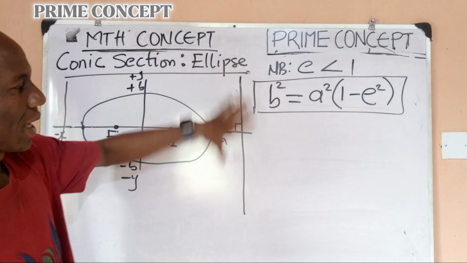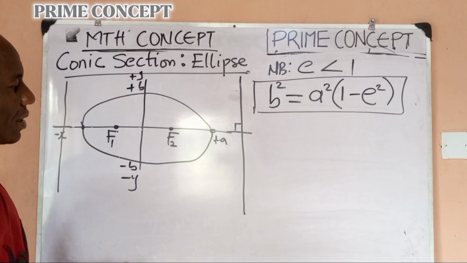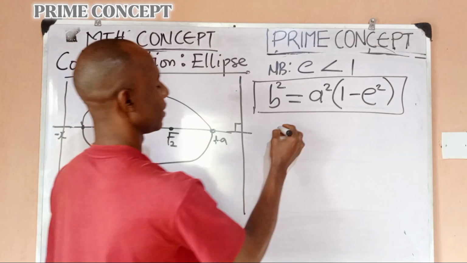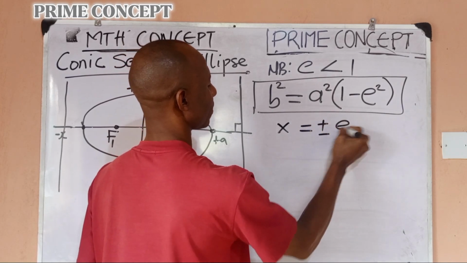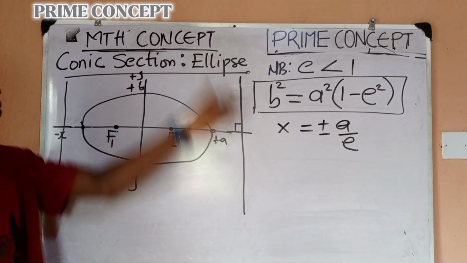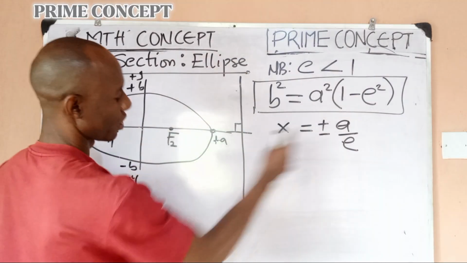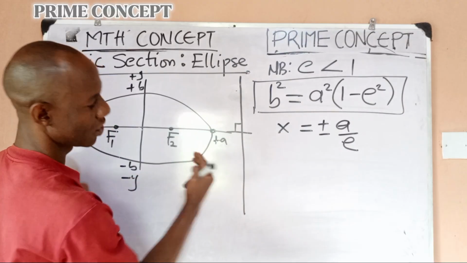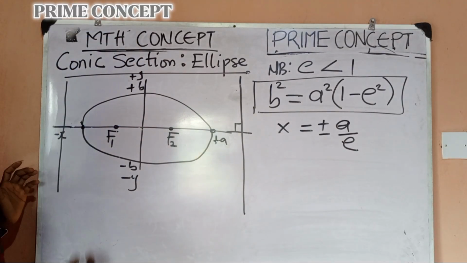So how do we find this directrix? The directrix is given as x equals plus or minus a over e. This is how we can find the equation of the directrix. Plus is for this first one, which is on the positive side. Minus is for this other line, which is on the negative side.